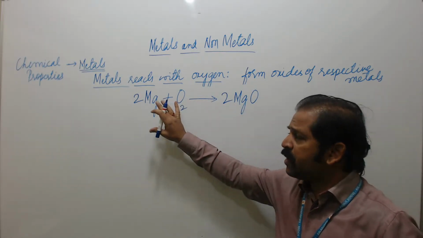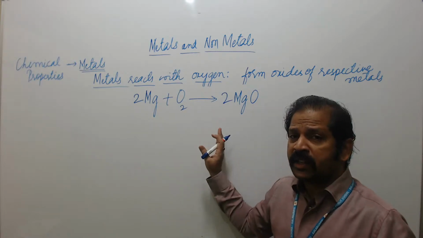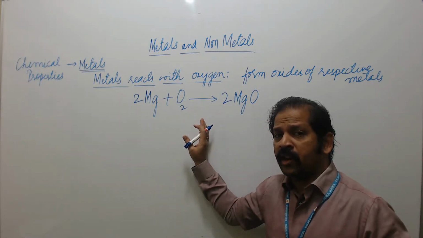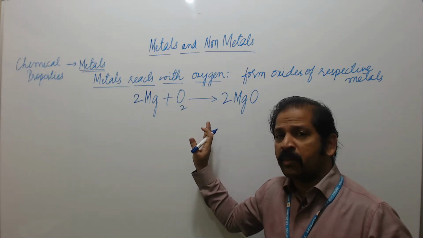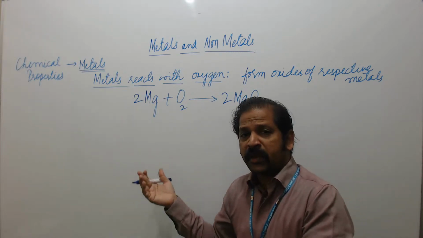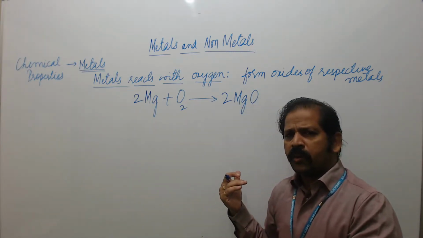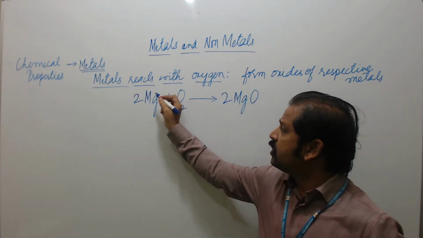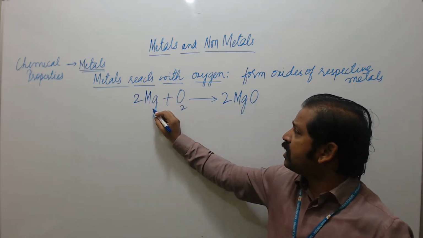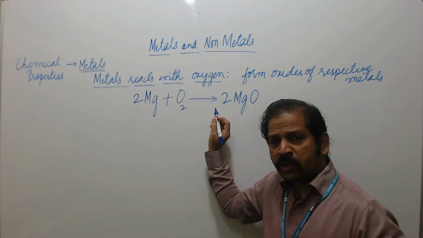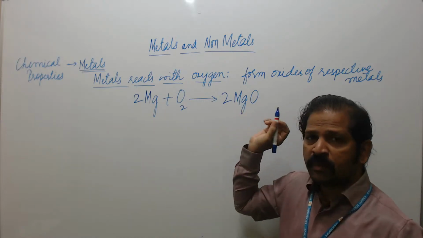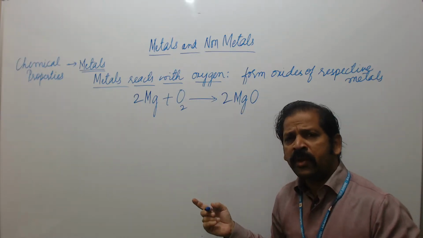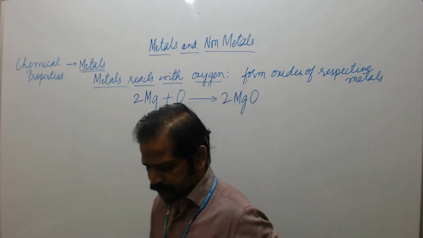But sodium and potassium will give an instant result, especially potassium, because potassium is a highly reactive element. For magnesium, you have to heat very strongly to get magnesium oxide. It is the same for aluminium and the same for zinc.